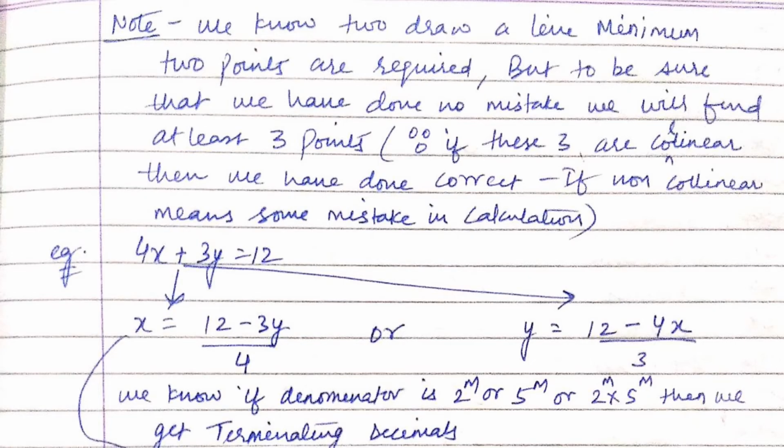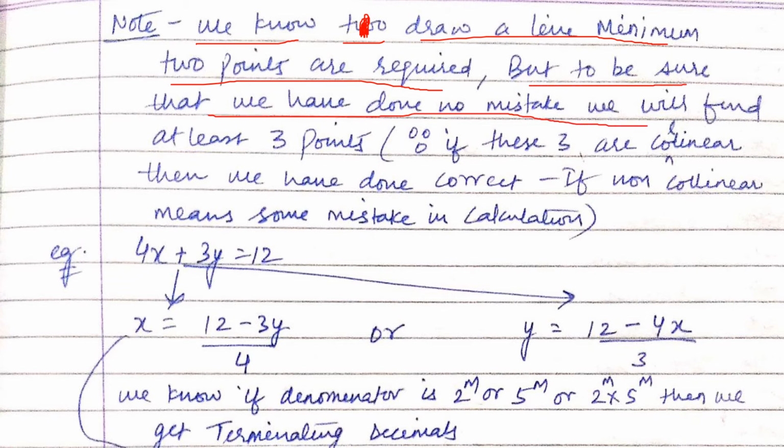I've told you already that to draw a line, minimum 2 points are required. But to be sure that we have made no mistake while finding the points, we should find at least 3 points. Why? Because this will help us verify whether we are correct or not. How?